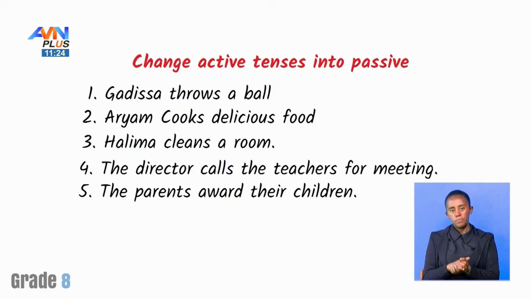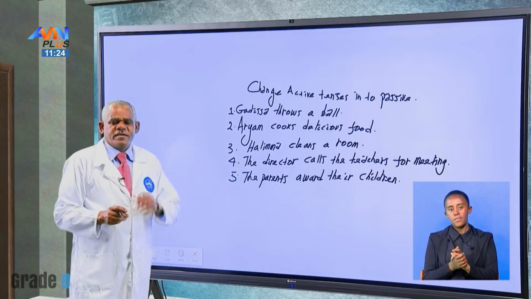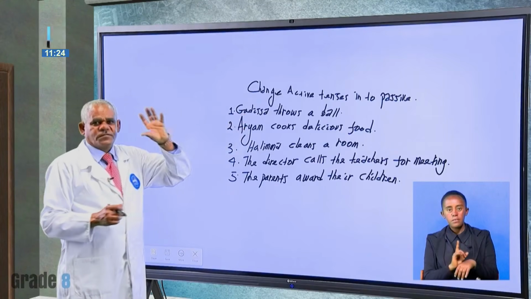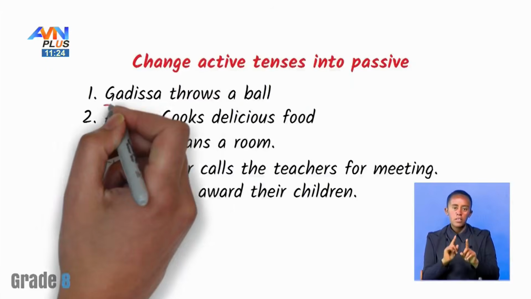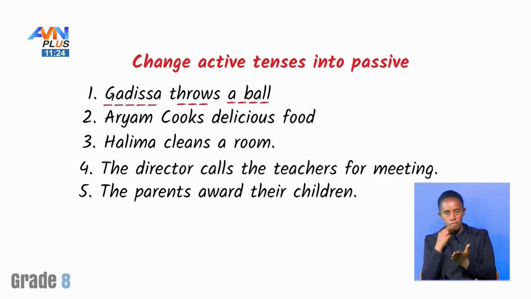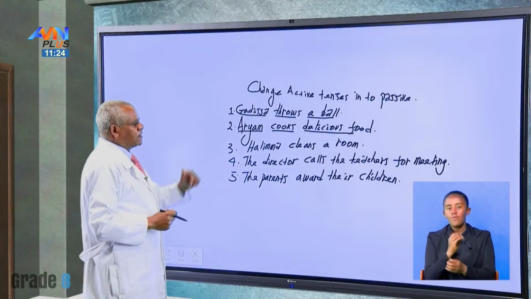Let us look at these 5 sentences. You see, in every sentence, in every active tense, it consists of a different structure. Here it is a subject, then a verb, then an object. Aryam is a subject, cooks is a verb, and delicious food is an object.